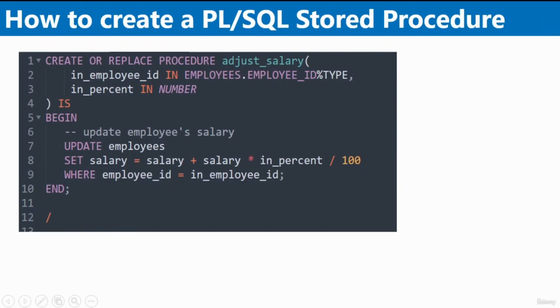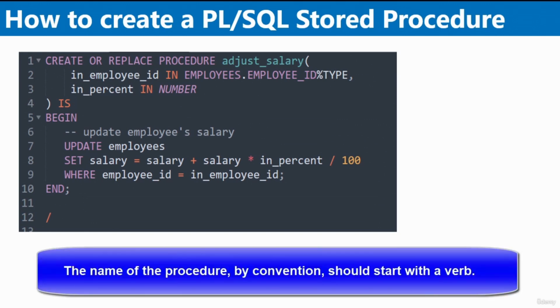I'm going to create a stored procedure using the code displayed on the screen. So let me explain the stored procedure. The stored procedure I'm going to create is going to be called adjust_salary.